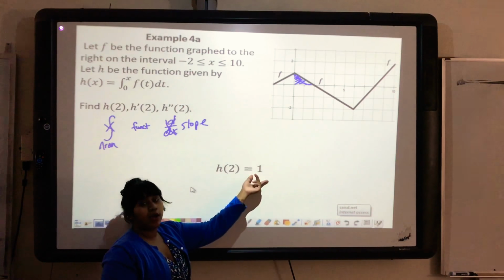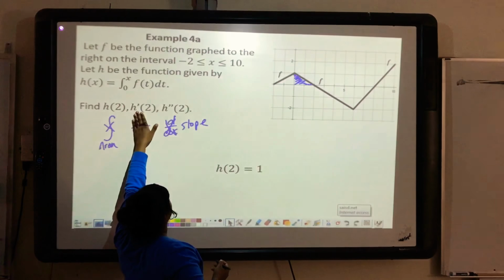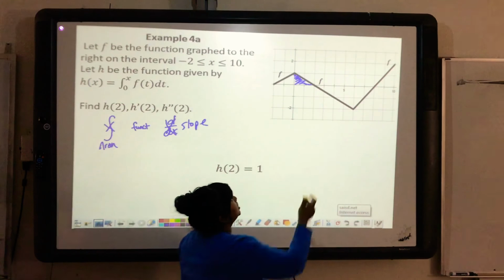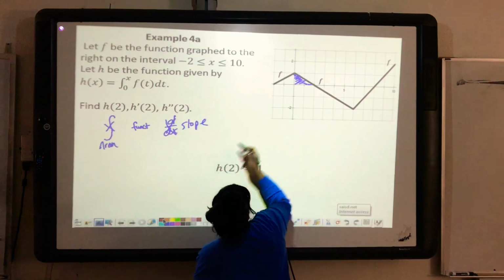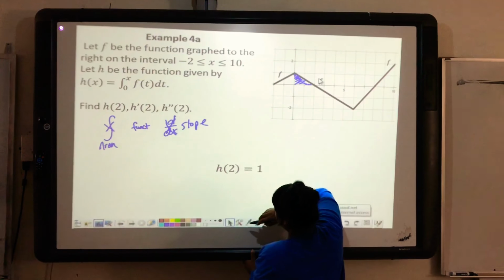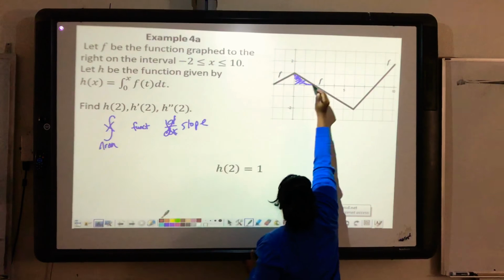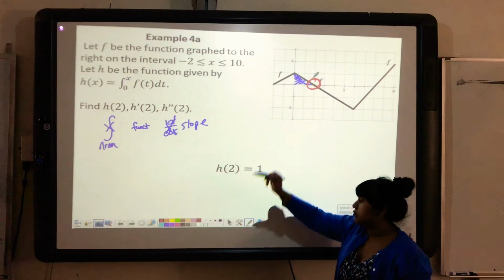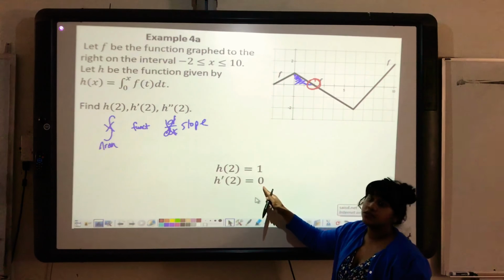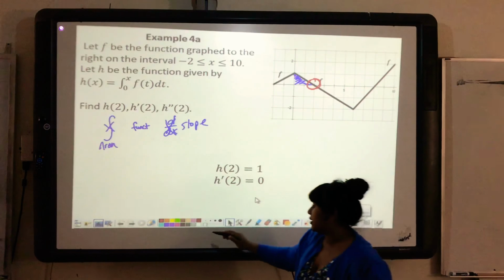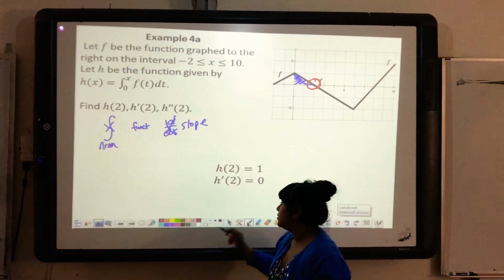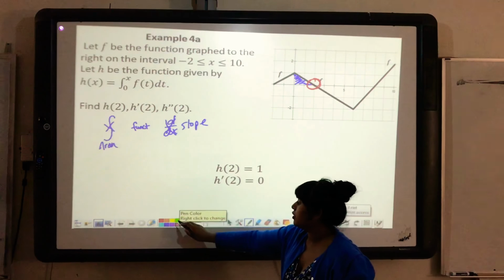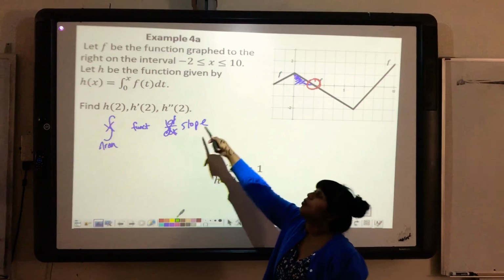Okay. For my second one, h prime of 2, I have to look at what my function is doing. Well, what is my function doing at 2? My function at 2 equals 0. So that's pretty easy right there. And finally, I can look at what is my slope at this point.